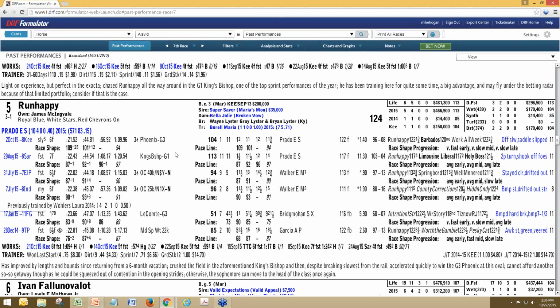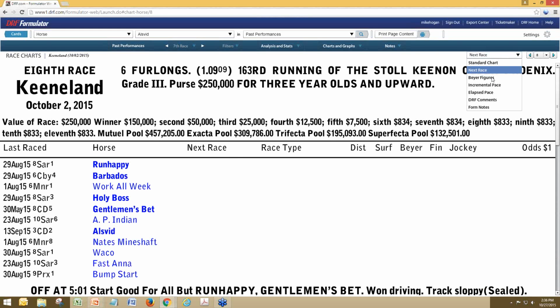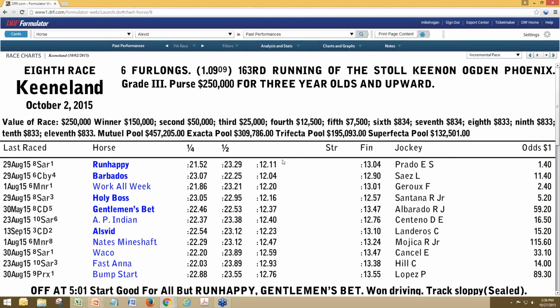The only concern, of course, is like you mentioned, if he breaks slow against this group, could he be at a disadvantage? But he may be good enough to just overcome any of that. And it's not a stellar year for American dirt sprinters. I mean, Private Zone's a nice horse, obviously.